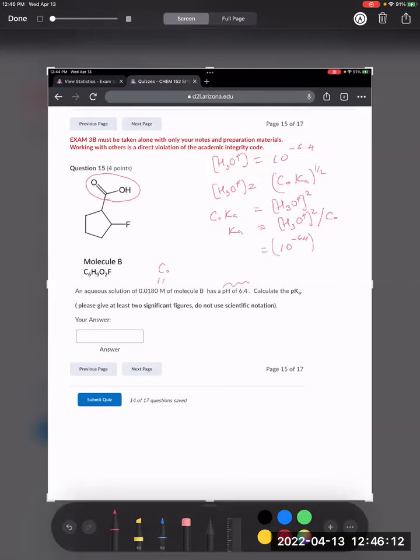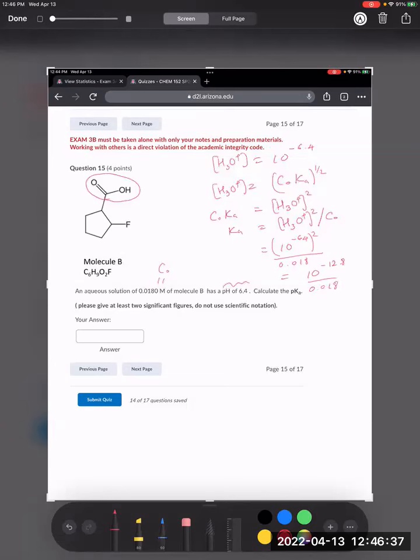Okay, and then we know C naught, which is 0.018. So this is equal to 10 to the power of minus 12.8, because 6.4 times 2 is 12.8, divided by 0.018.